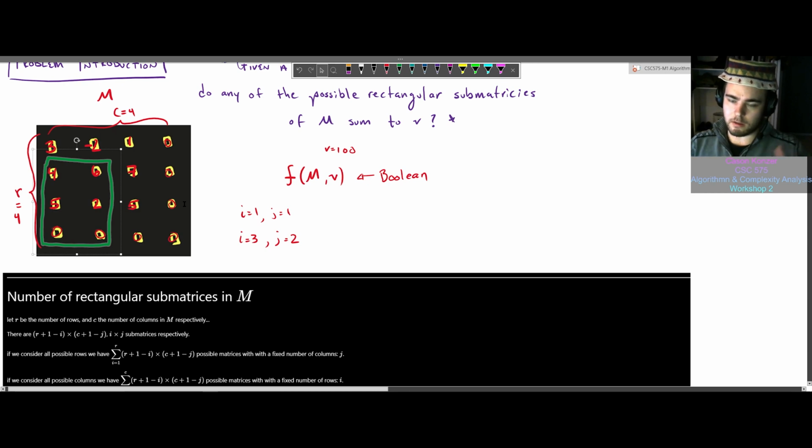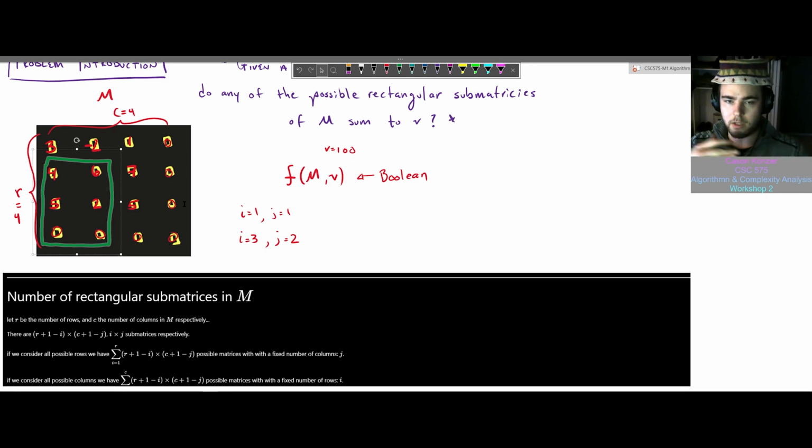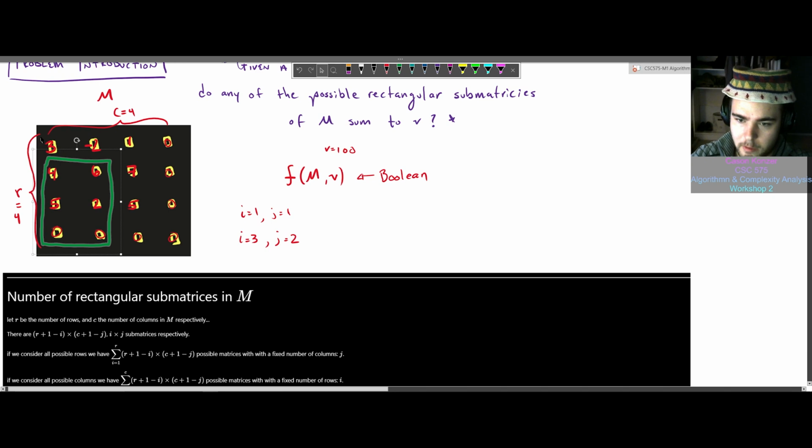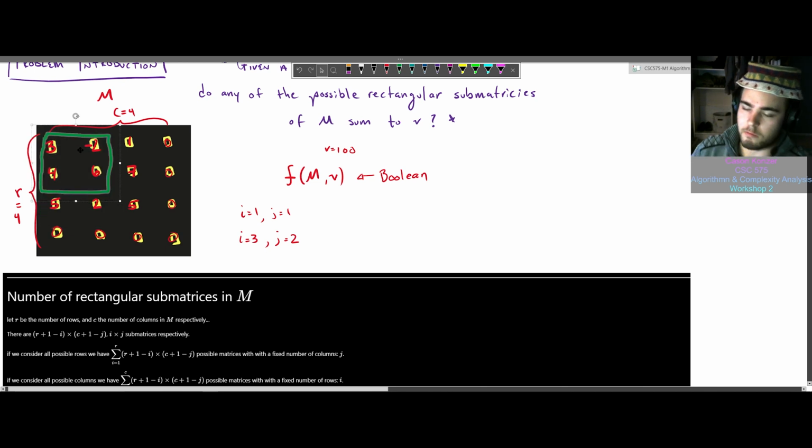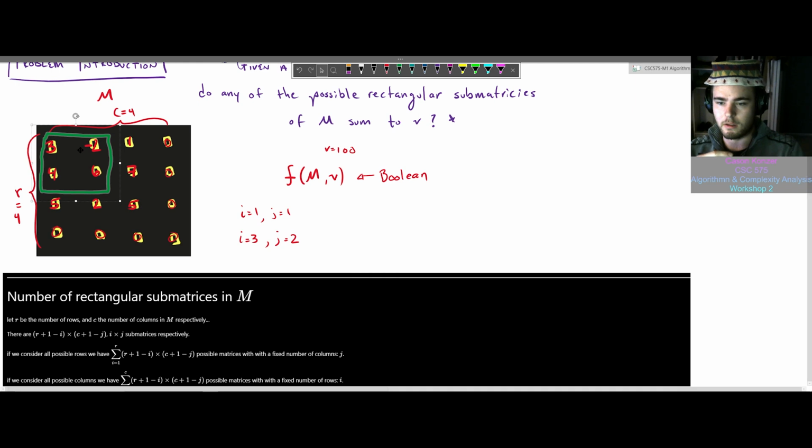Always, this is constrained by the dimension of your matrix. If I made this smaller, you can shift it 1 more, and so always it will be the number of rows that you have minus the number of rows in that submatrix plus 1.